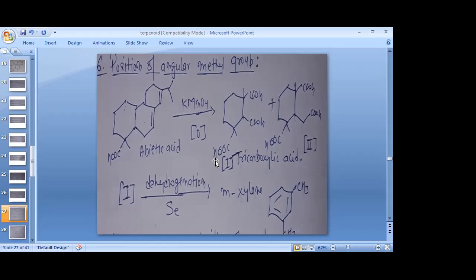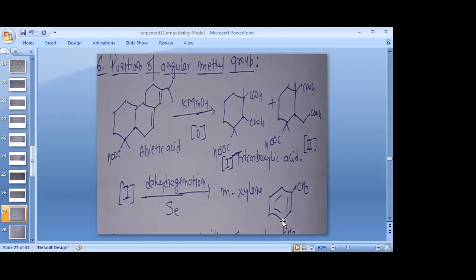Now look at the tricarboxylic acid. On dehydrogenation of this tricarboxylic acid in the presence of Se, it converts into metaxylene. You can see benzene with CH3 here and CH3 here, so it converts into metaxylene. So when tricarboxylic acid 1 converts into metaxylene after dehydrogenation, you can see methyl groups at this position and this position.